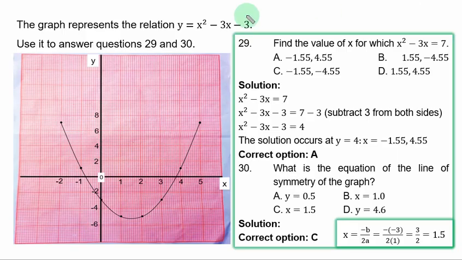The graph represents the relation y equal to s squared minus 3s minus 3. Use it to answer questions 29 and 30. Question 29. Find the value of s for which s squared minus 3s equal to 7.